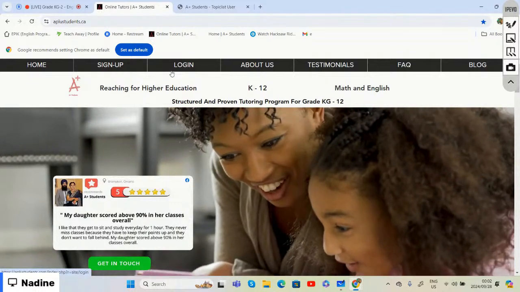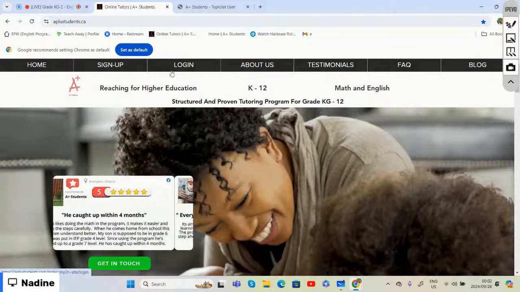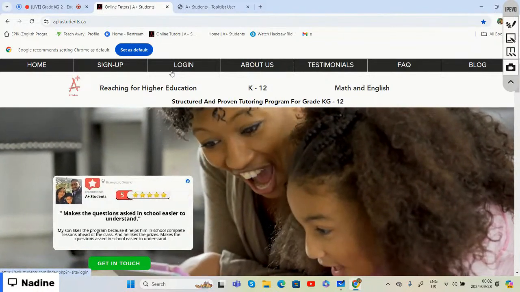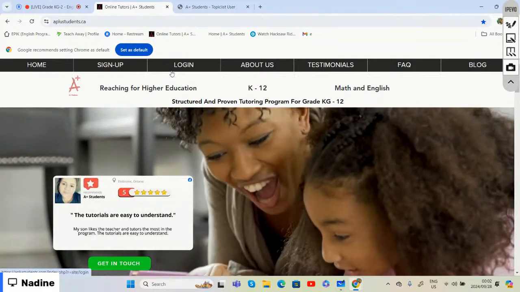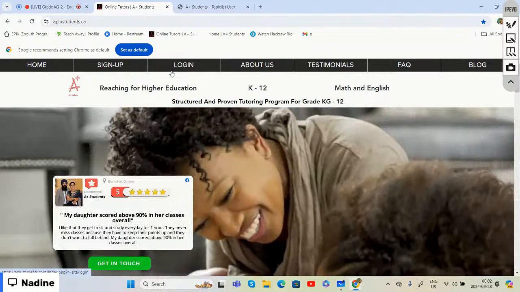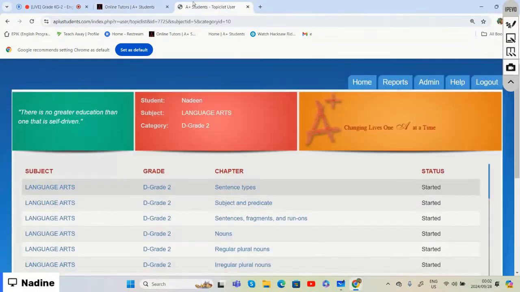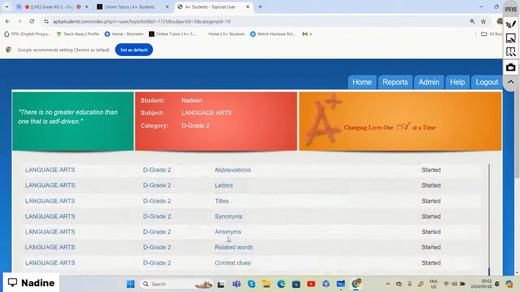We're doing grade kindergarten to grade 2. And then we're going to scroll down until we get to our chapter of reflexive pronoun.